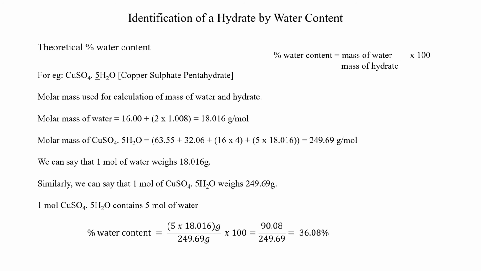Once you do that, we get a percentage of 36.08%. That basically means that 36% of the hydrate is composed of water. So this is the way you find out the theoretical percentage water content, and for the experimental water content, you have the experimental values which I've explained in the previous slide.